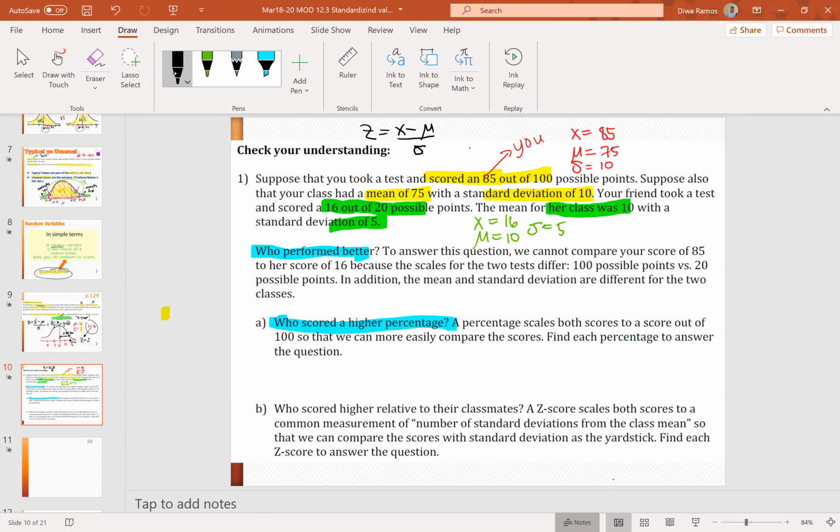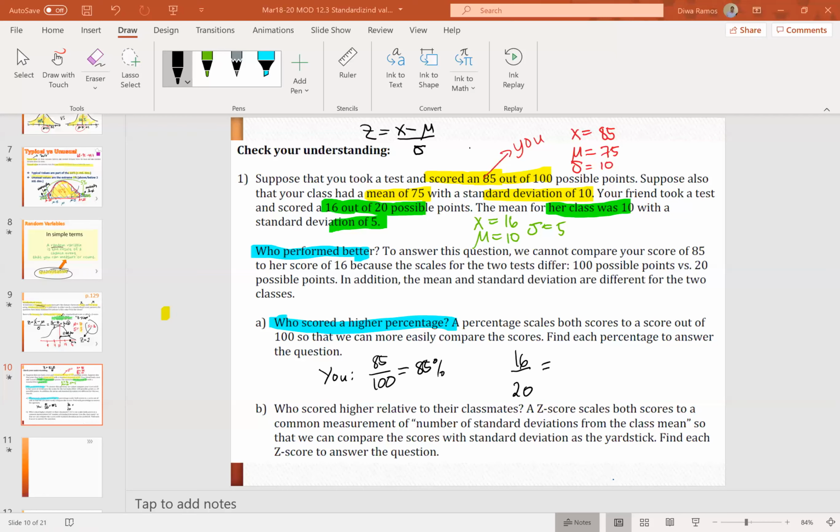So we can check how much percent you got on your test, and how much your friend got on theirs. You scored 85 out of 100. That's 85%. While your friend scored 16 over 20. I think that's 80% if I'm not mistaken.